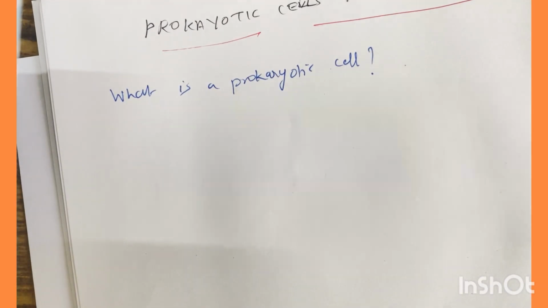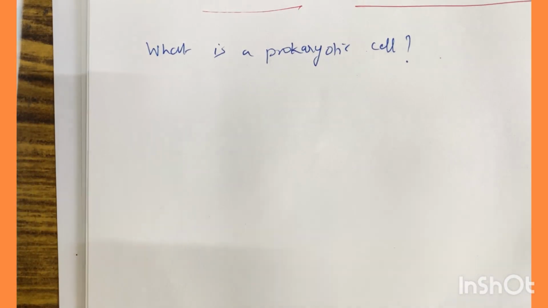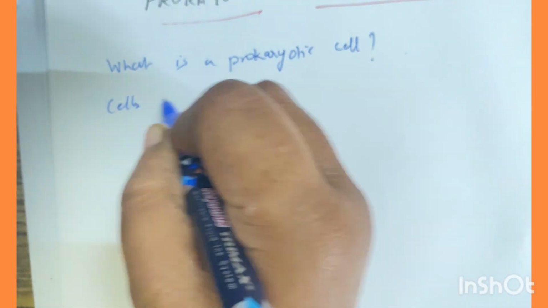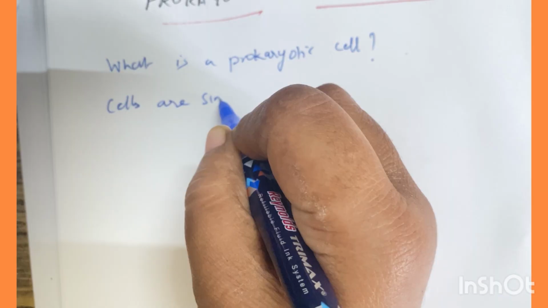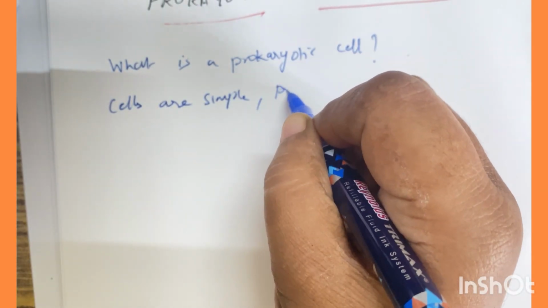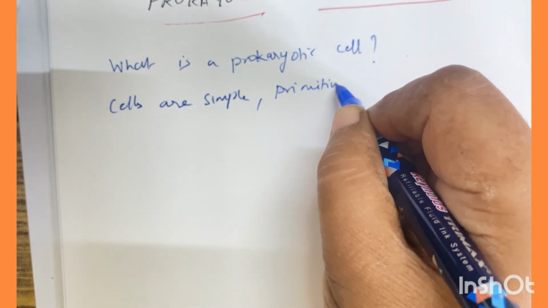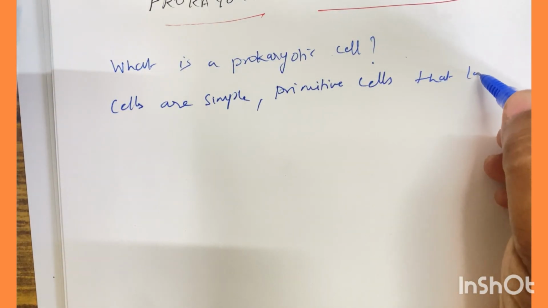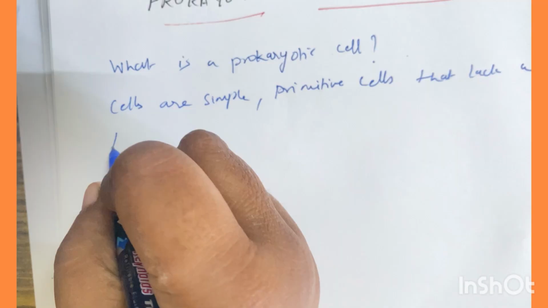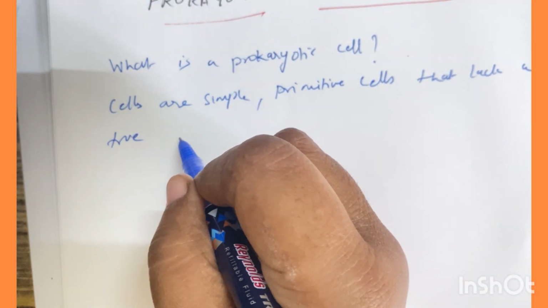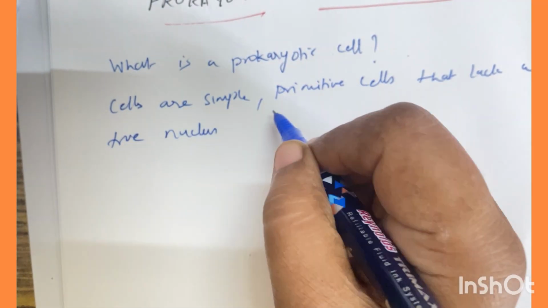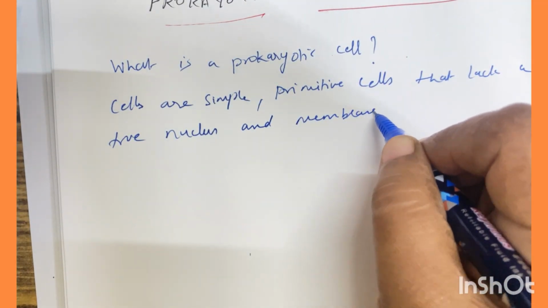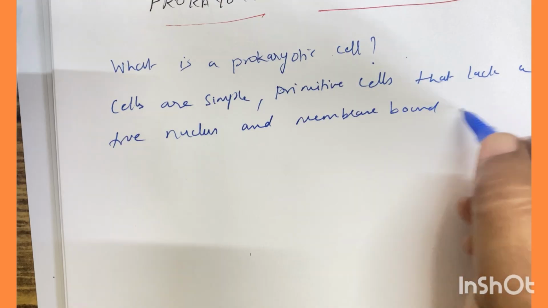Now when we define prokaryotes, we can say that these cells are simple, primitive. Okay, these cells are simple primitive cells that lack a true nucleus and membrane bound organelles.